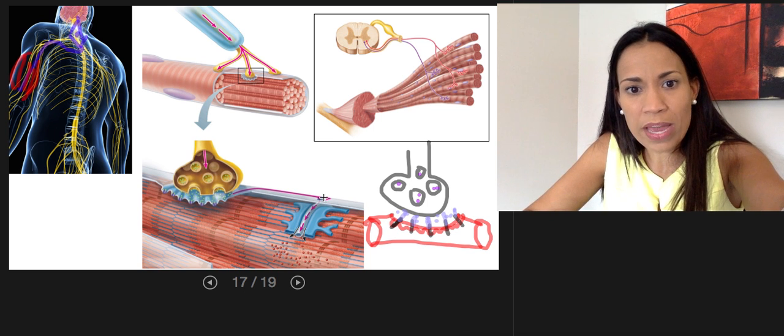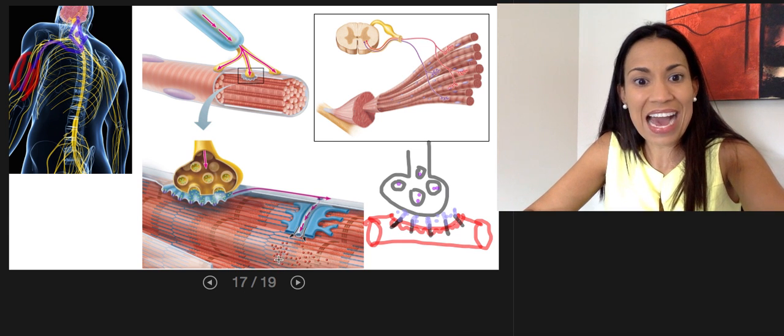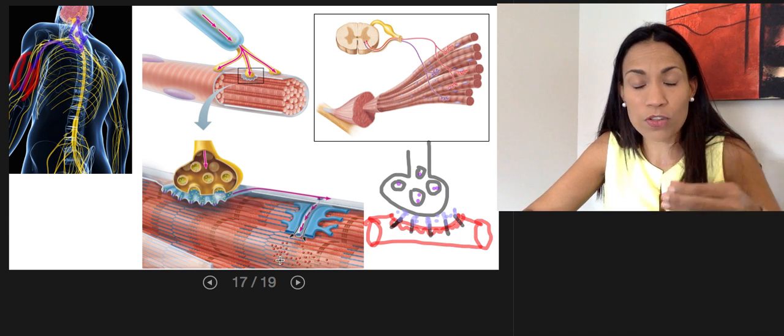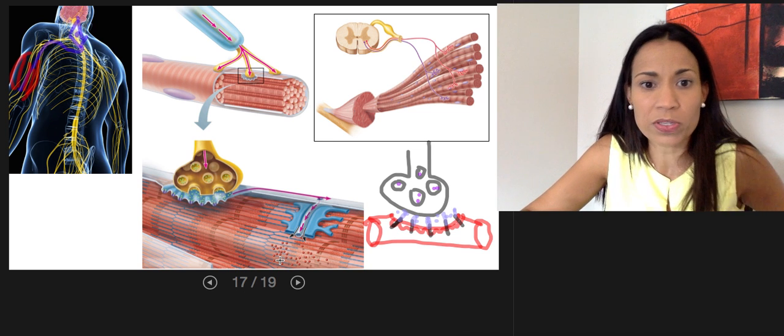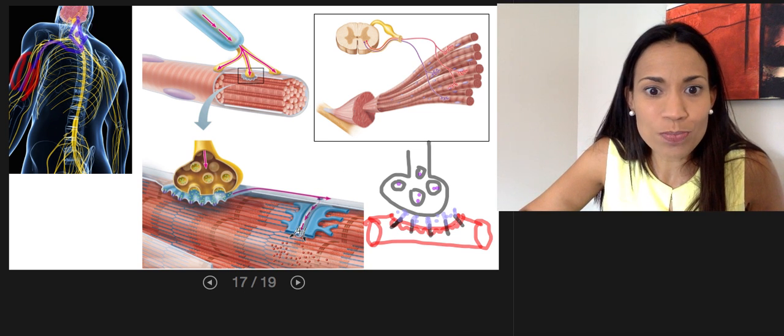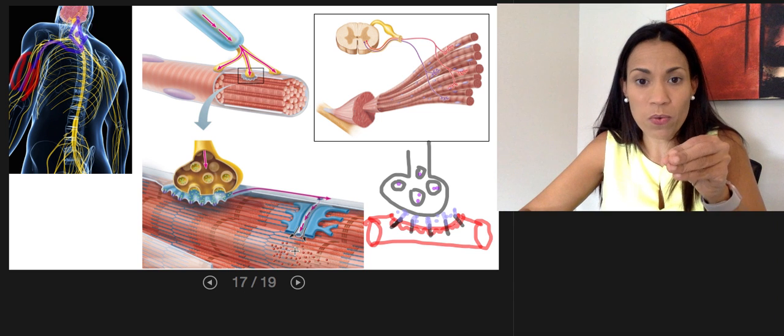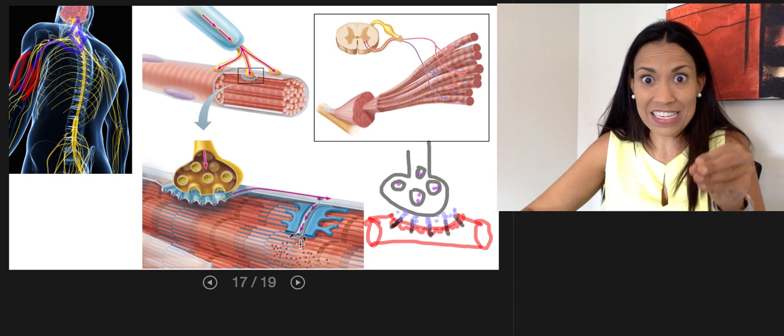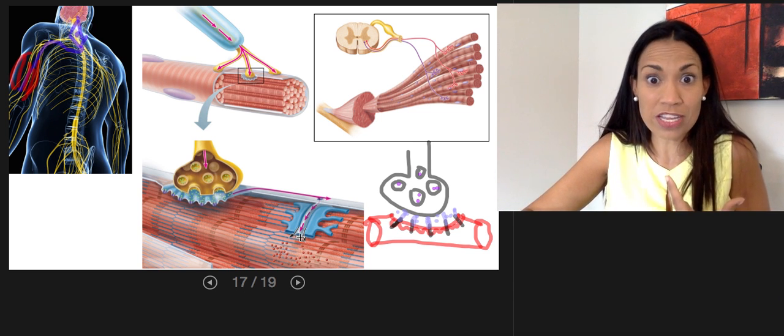In that way, we make sure that the action potential goes deeper into the cell and activates the deeper myofibrils.